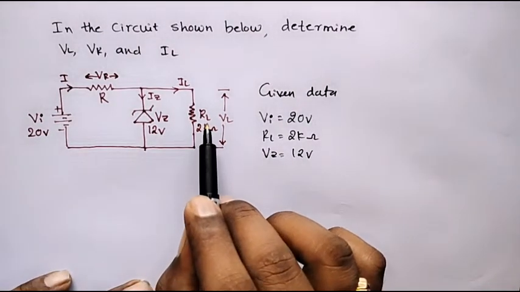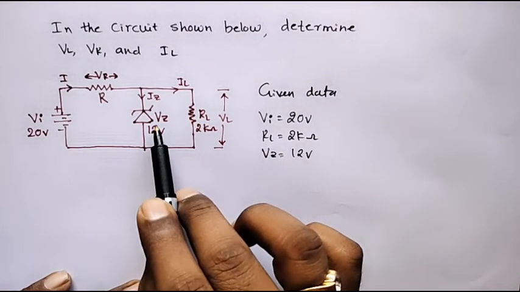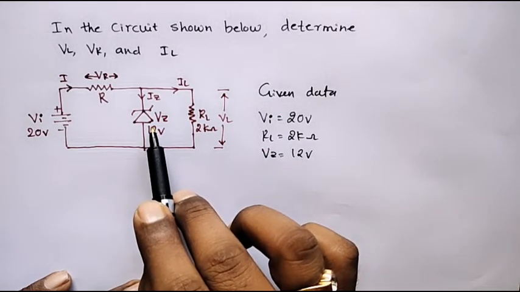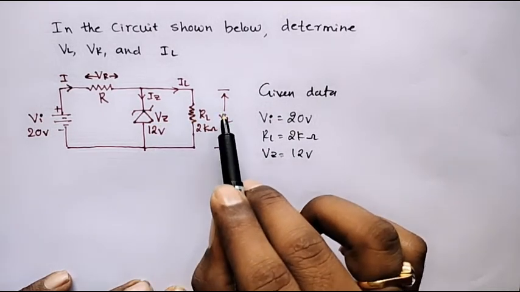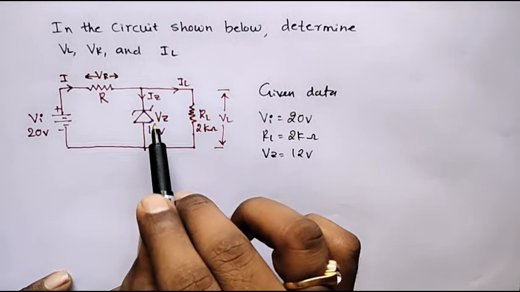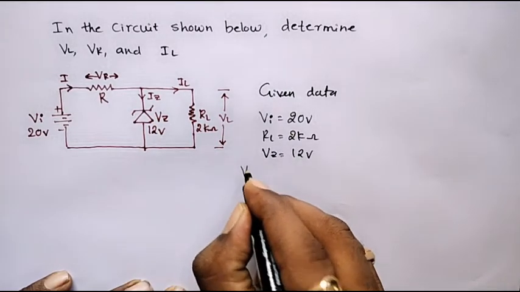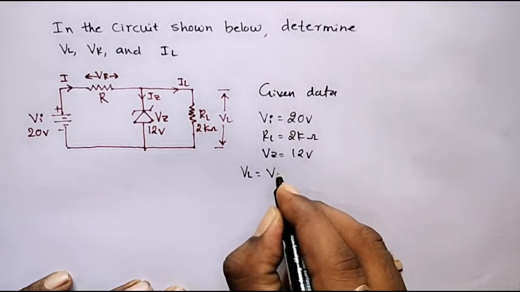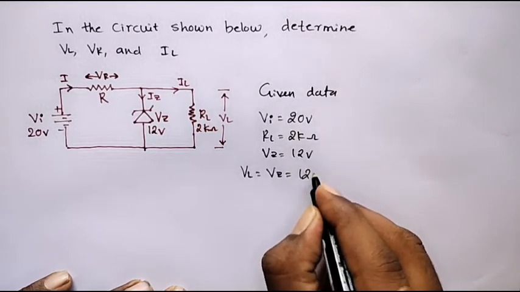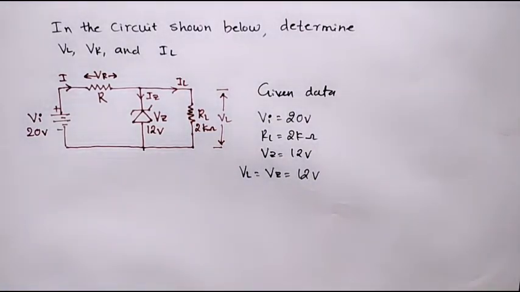We know that here the load resistor RL is parallel to Zener diode. Therefore, voltage across load resistor, that is VL, is same as Vz. VL is equal to Vz, which is also equal to 12 volt.